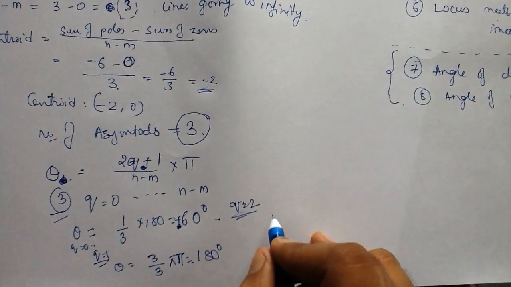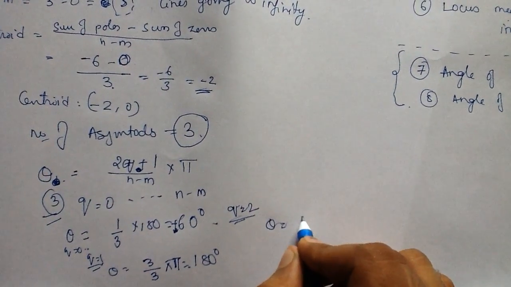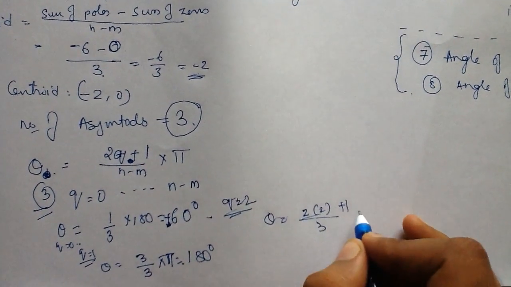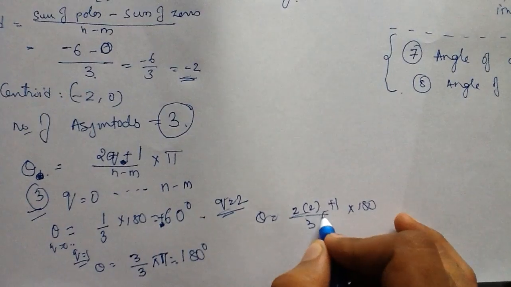When q is equal to 2, theta is equal to 2 into 2 plus 1 by n minus m, which is 3, into 180.